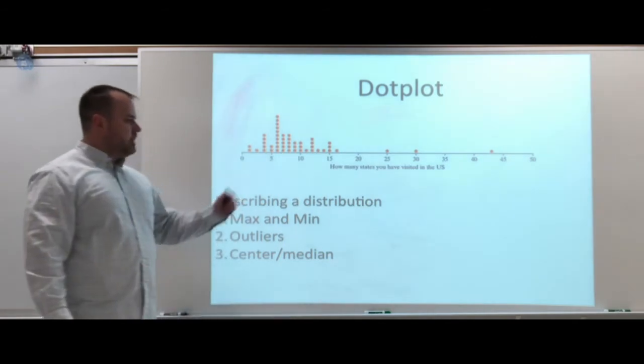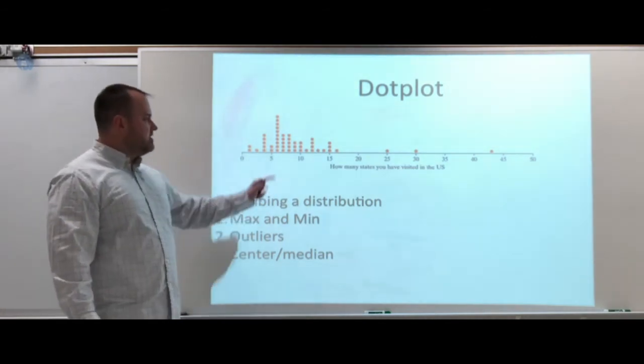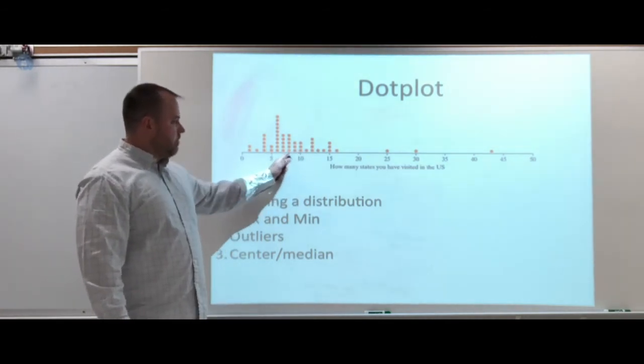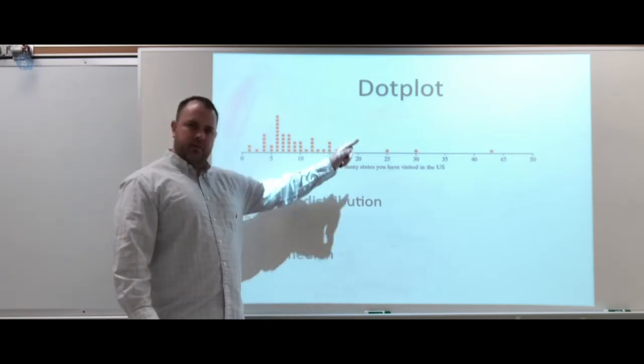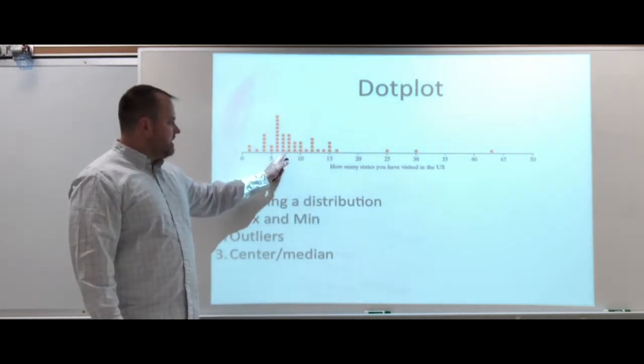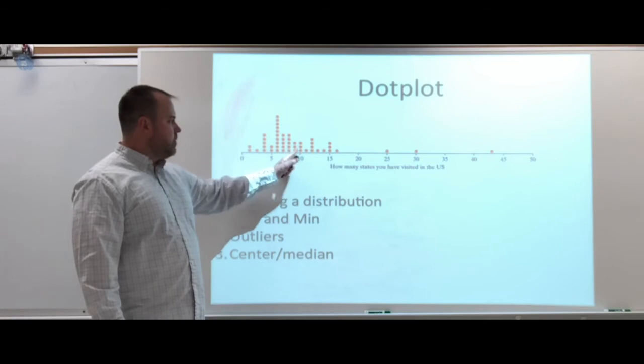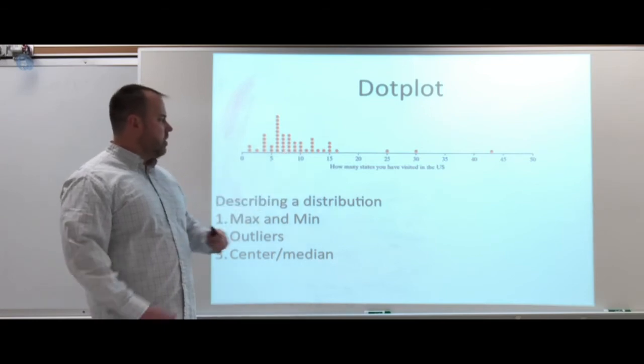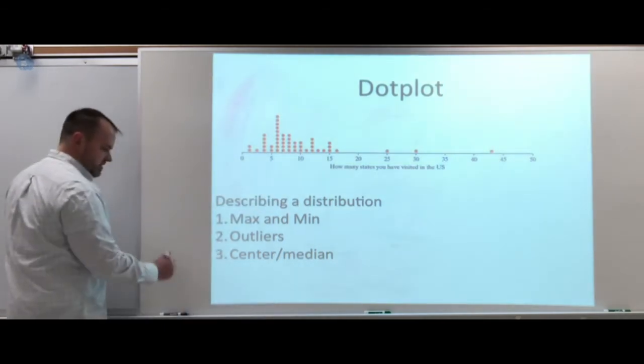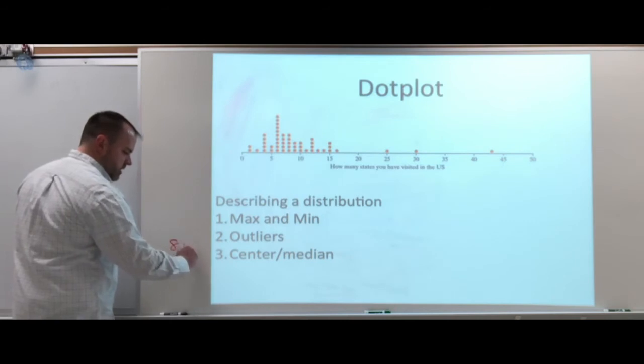I know my center is probably right around here. Those outliers might pull it up a little bit, so I'm going to say my center is maybe between 8 and 10 states. There's a good chance the median falls between 8 and 10. So for my center, 8 to 10 states.